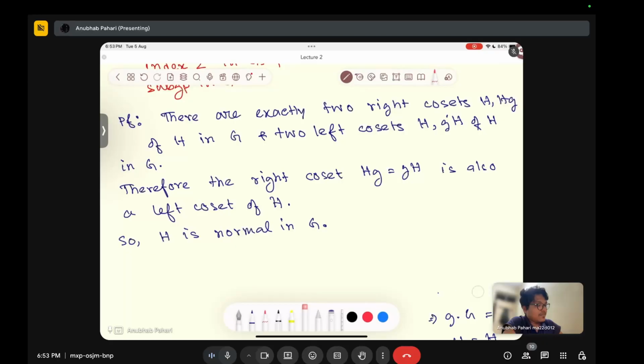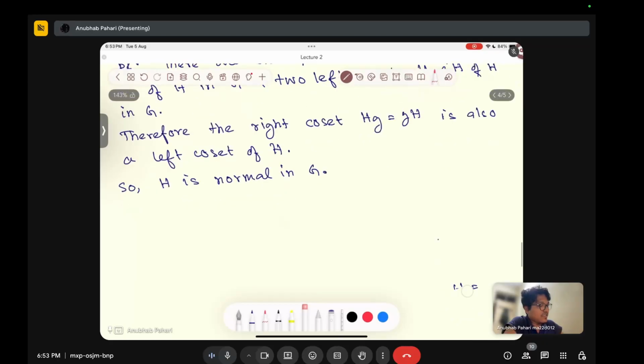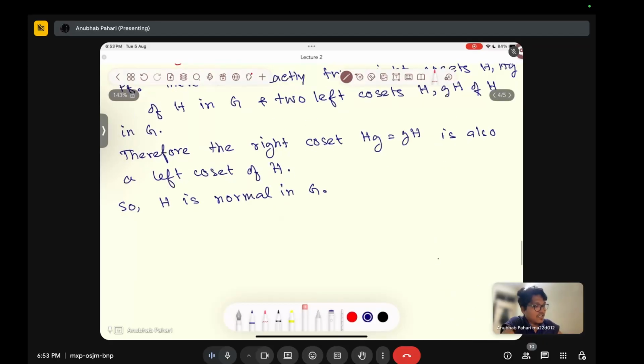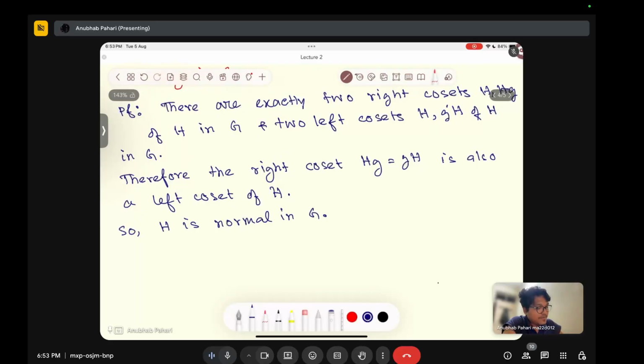Again, from a similar argument you will get this. What I have just shown is that Hg is not equal to H, right?